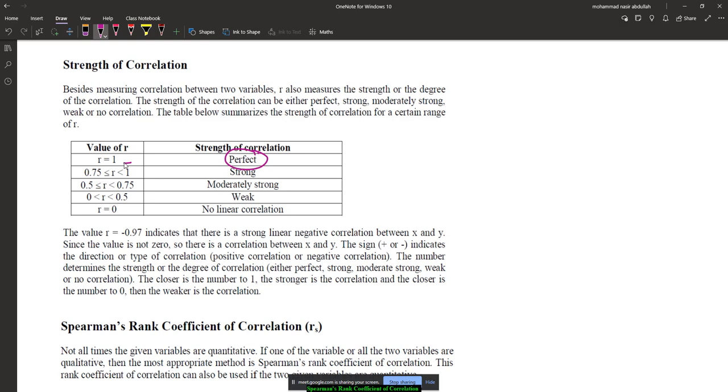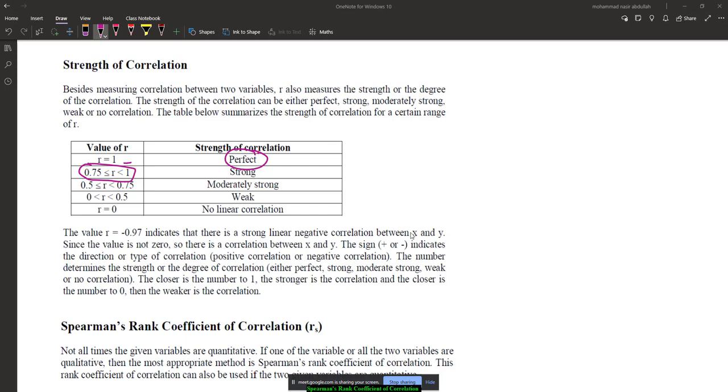When the value of R is between 0.75 and 1, it is a strong correlation. A value of negative 0.75 means a strong negative correlation. When the value of R is equal to 0, there is no correlation at all. We are measuring linear correlation.